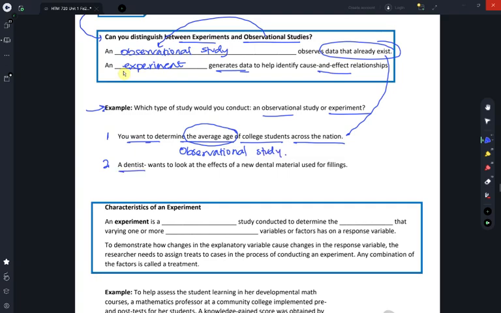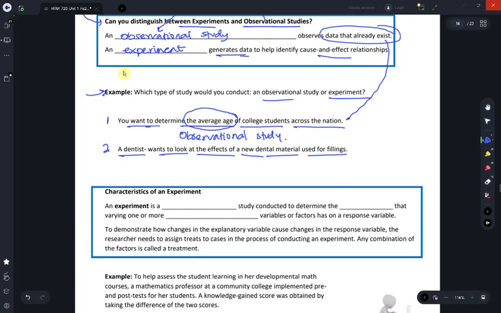On the other hand, if a dentist wants to look at the effects of a new dental material used for fillings, then in that case, we would need an experiment because the dentist might intervene in the data generating process by assigning the new dental material to a group of patients and administering an old dental material to another group of patients, and compare the performance of the two dental materials.